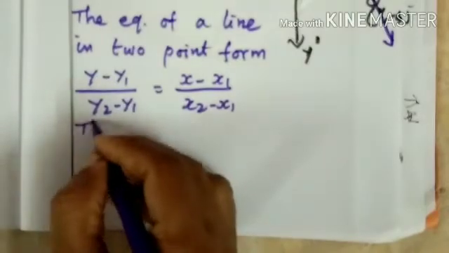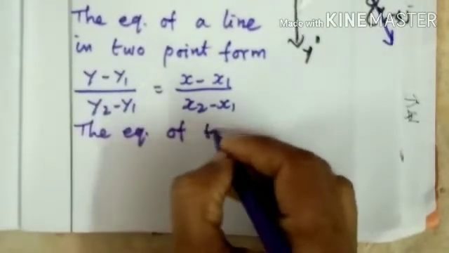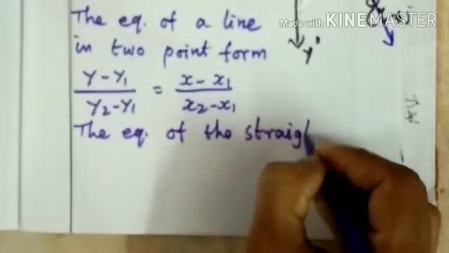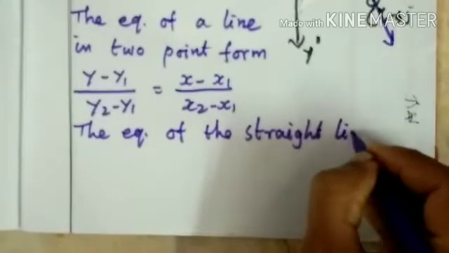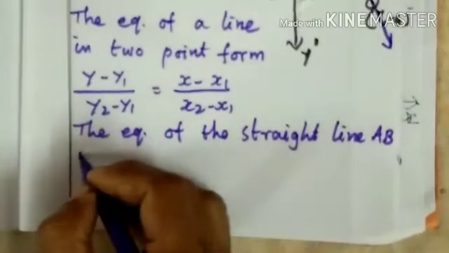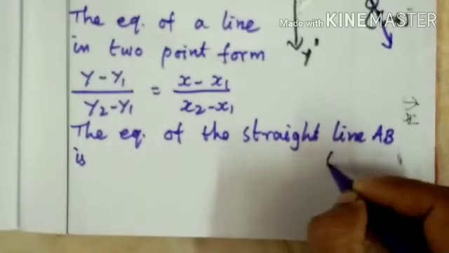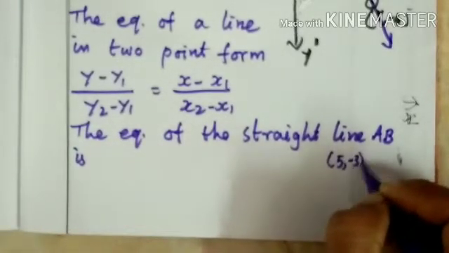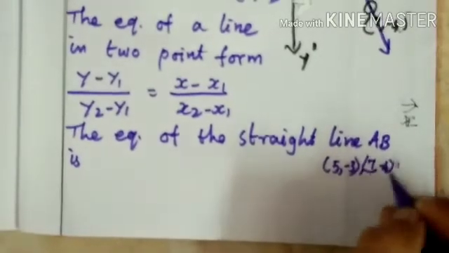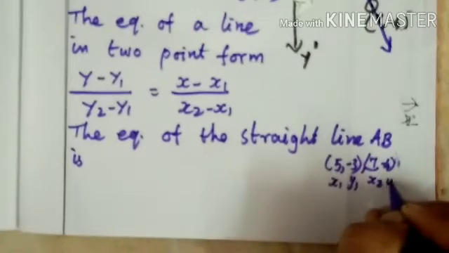Therefore, the equation of the straight line AB is, take down and write the given points, A 5 comma minus 3 and B 7 comma minus 4. Let us assume x1 y1, x2 y2.